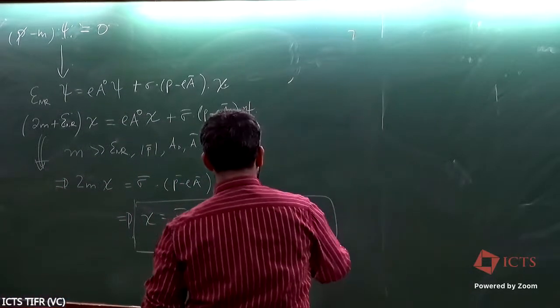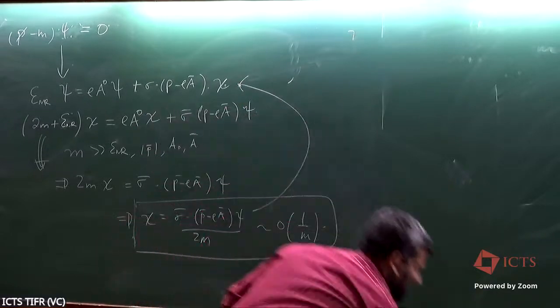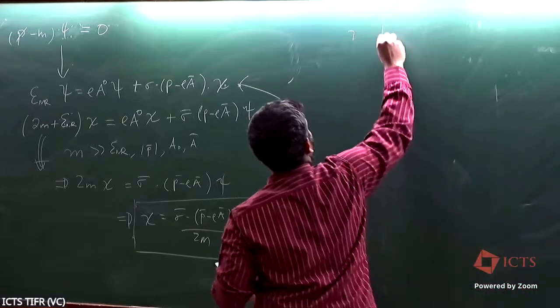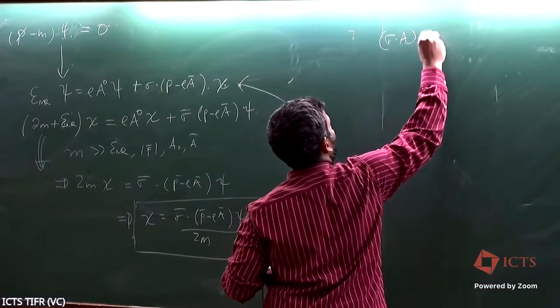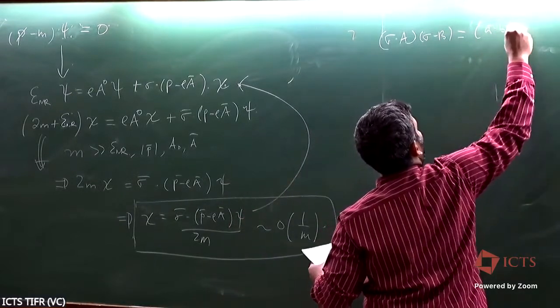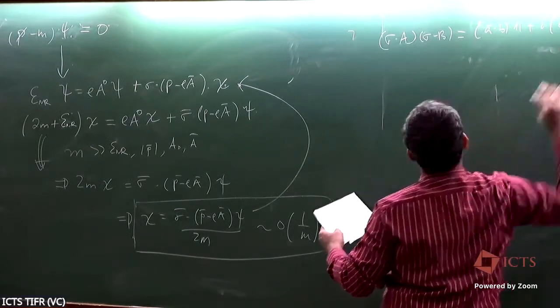So now, as we got this order 1 by m definition, if I substitute it back here, you have to use this σ·A σ·B Pauli matrices relation, which is A·B times identity plus iσ·(A × B), to simplify.